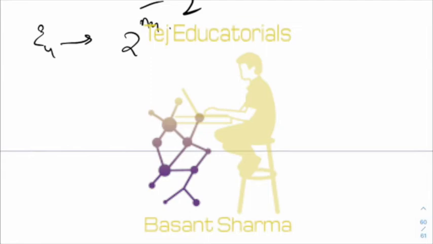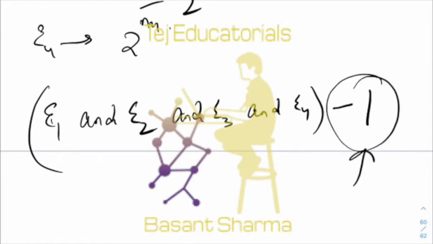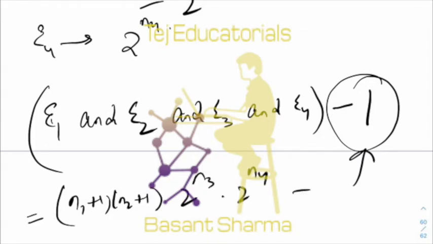So that is nothing but event E1 and E2 and E3 and E4, which is the multiplication rule, minus 1, because we subtract the case when nothing is selected from any of the boxes. So the answer is (n1 plus 1) into (n2 plus 1) into 2 to the power n3 into 2 to the power n4, minus 1.